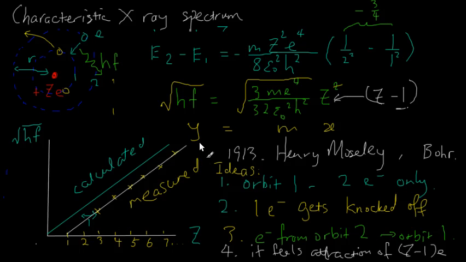That's when people started thinking about whether these ideas have some truth in them. And after years of research, it was found that it is indeed true that the first orbit has only 2 electrons, and that all these processes are, at least qualitatively, the correct picture of what happens when we get the characteristic X-ray spectrum.